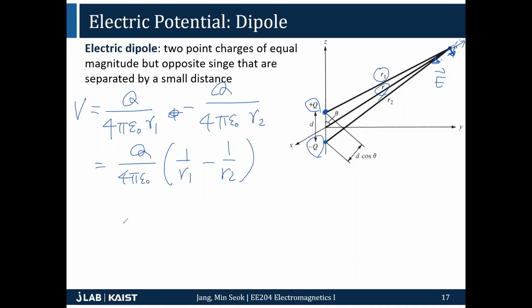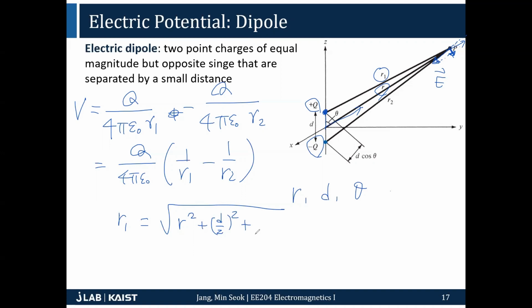Then you can write R1 as a function of known variables. What we know is R, D, theta, right? So how can we write R1 as a function of R, D, and theta? You can use the cosine law. So R1 squared is R squared plus (D over 2) squared, plus, is it minus? I'm always confused about this.